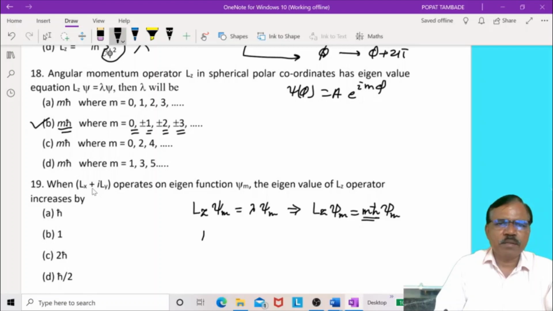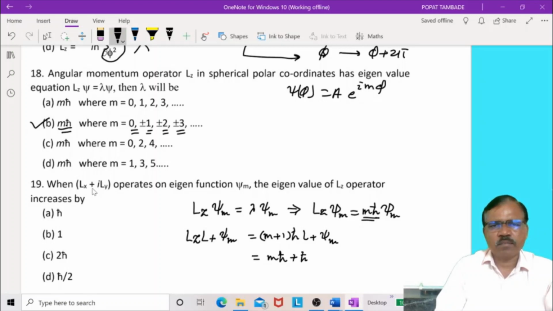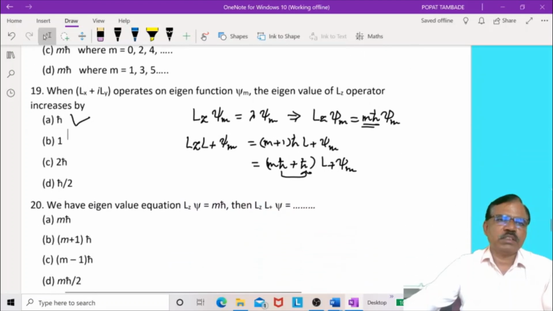But if we operate first L plus on psi m and then Lz on this, we get (m plus 1) ħ L plus psi m. So I can say this as mħ plus ħ, L plus psi m. So the eigenvalue increases by ħ. So first one is correct.